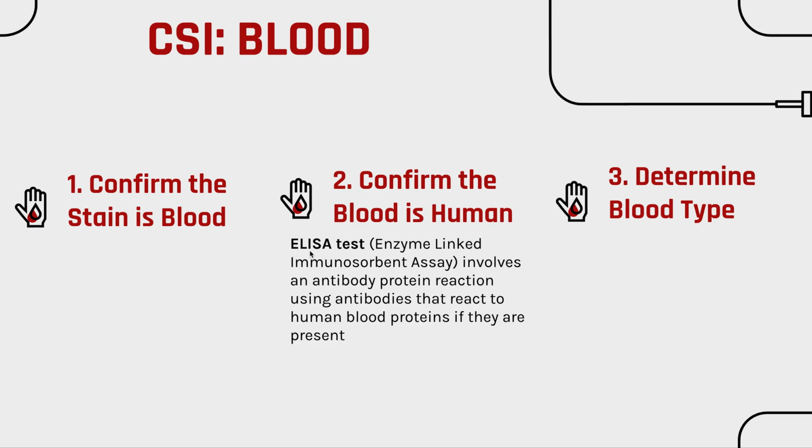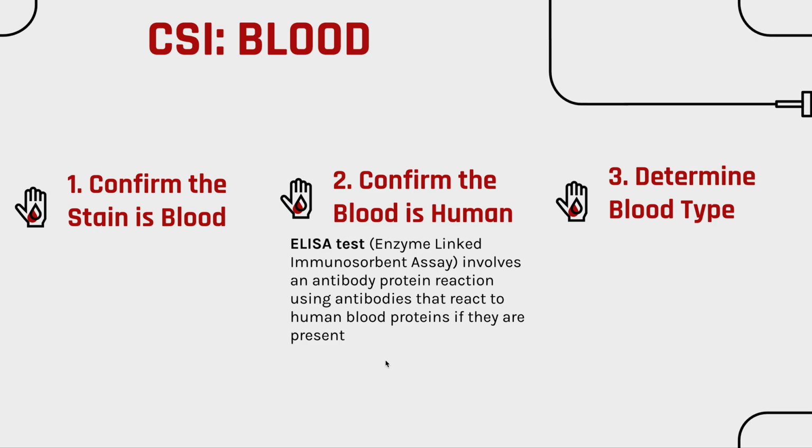And so you can use what's known as an ELISA test, enzyme-linked immunosorbent assay, which essentially uses an antibody protein that reacts to human blood proteins if they are indeed present. As we see with blood type testing, which you will be doing in the other half of these blood notes, essentially what you do is look for an antigen-antibody response.